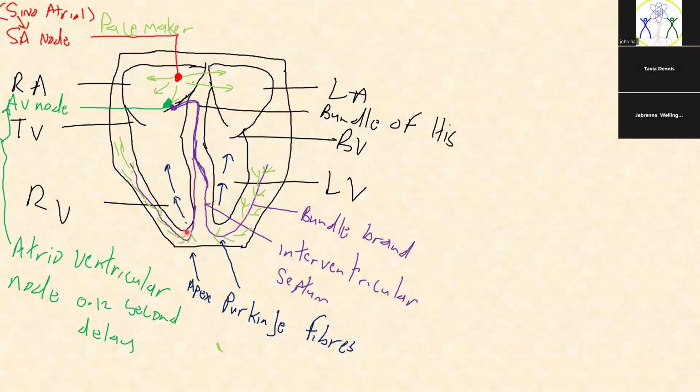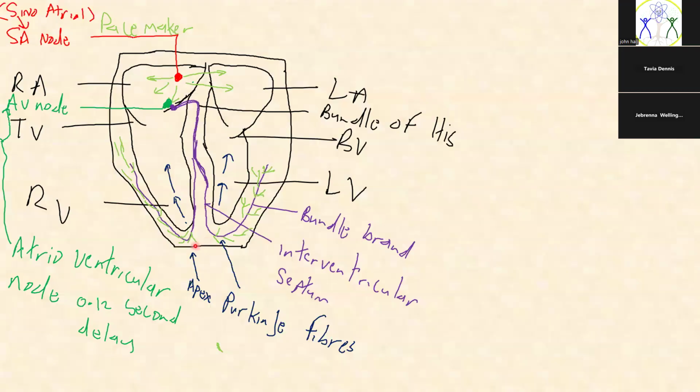Then coming off of these branches, you're going to have what are called the Purkinje fibers. And the Purkinje fibers take the signal traveling down the bundle branches and send that signal to your heart's muscle, to the ventricular muscle, myocardium. And it causes the myocardium to contract.